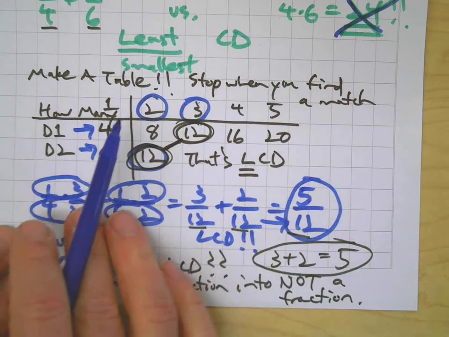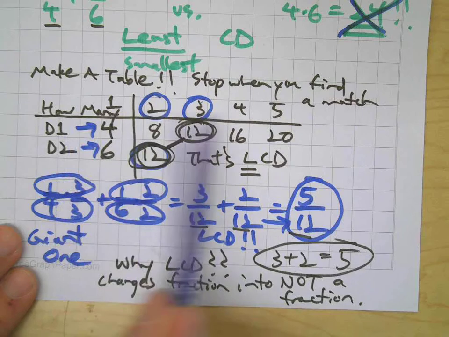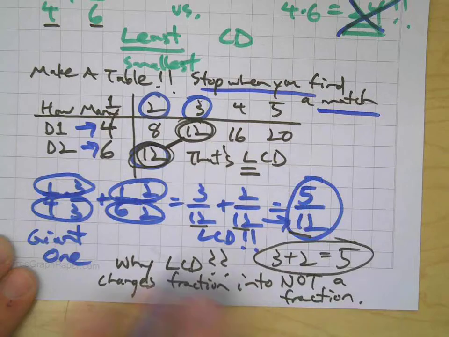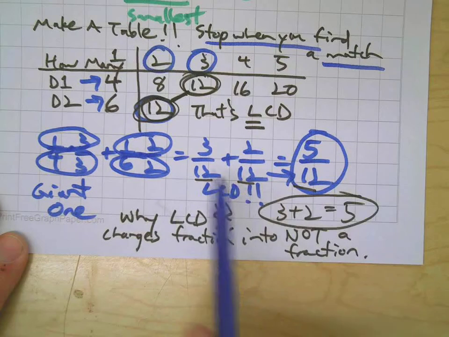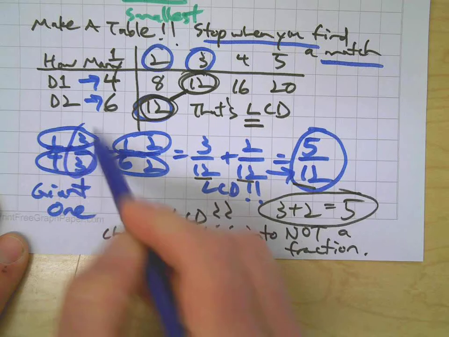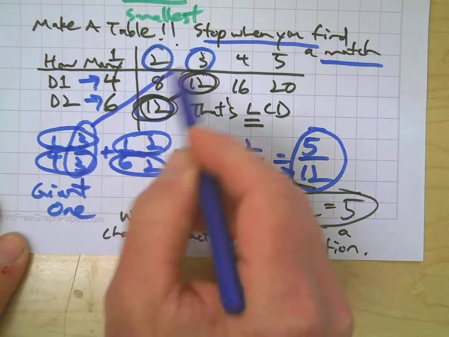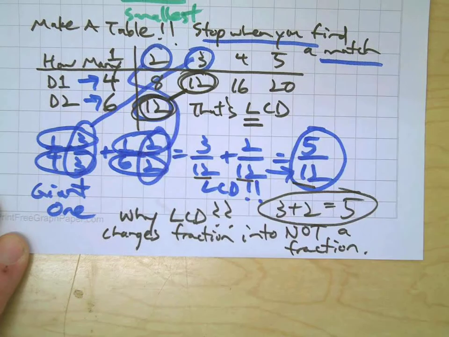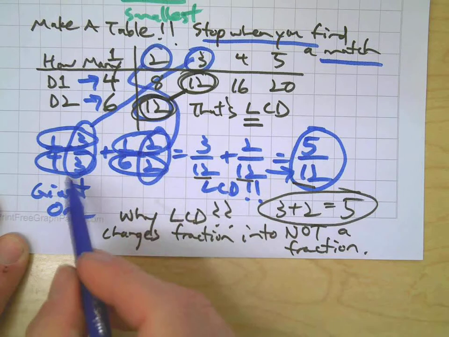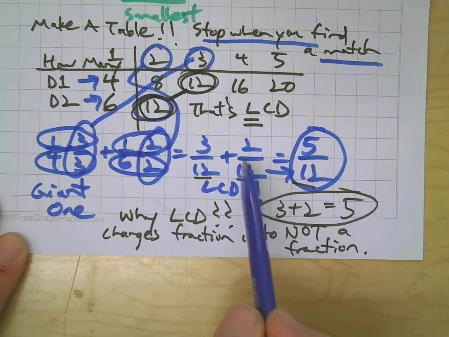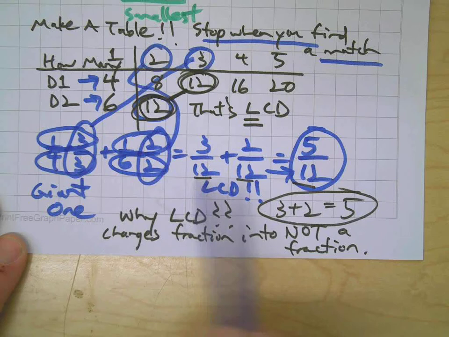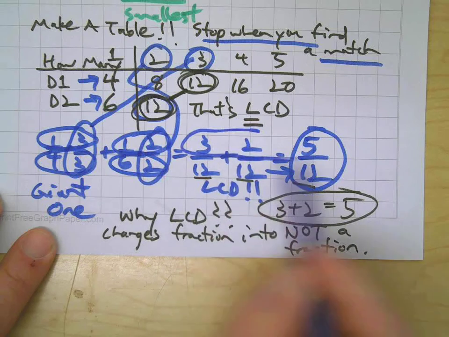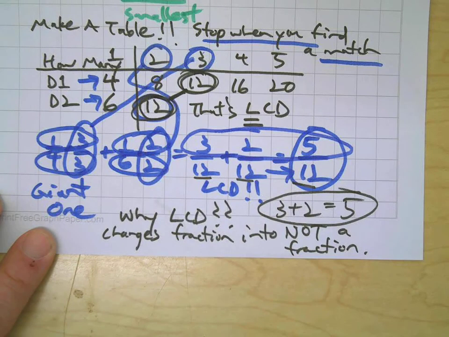So, the way to make sure you got the smallest one, make a table, count how many of each denominator it takes, stop when you get a match, of course, and then finally use a giant 1 or use that multiplier. That's how many 4s, and this was how many 6s. That's where that number came from. That's how we magically changed the 1/4 and the 1/6 into 3/12 and 2/12. Actually, it's not magic. And then finally, our problem really is just 3 plus 2 equals 5.